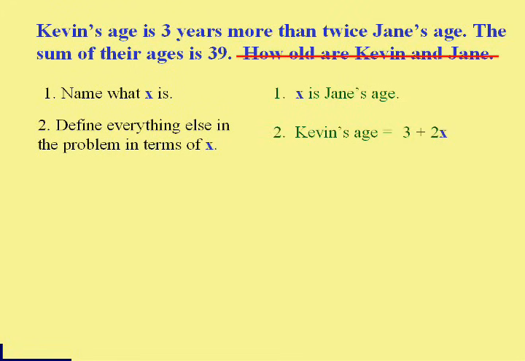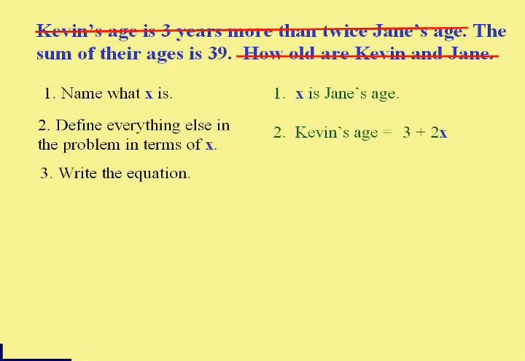That would be 3 more than twice Jane's, and I'll cross that out. Now, there's only 2 people in this problem, Kevin and Jane, so I guess I'm done with steps 1 and 2. If there was a Tom, I'd have another person to put in step 2, but I don't. So I'm ready to write the equation from what is not crossed out.